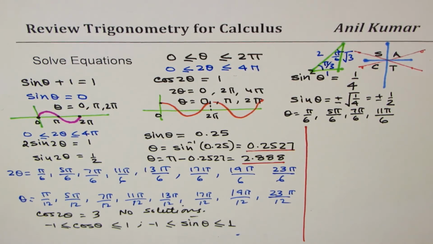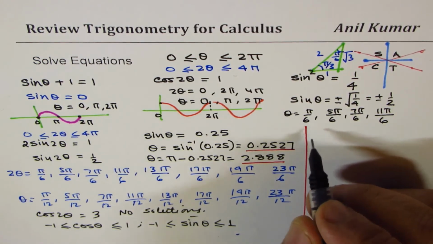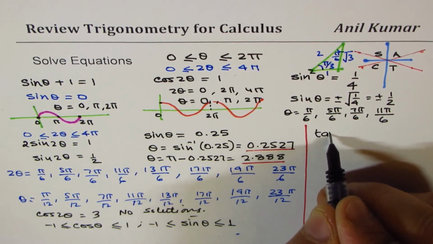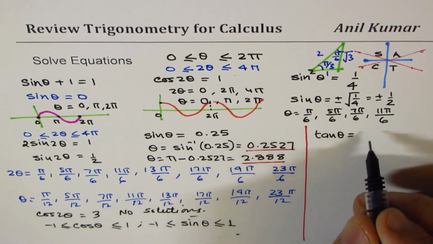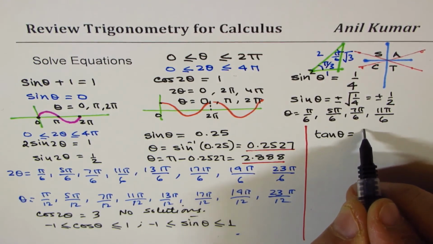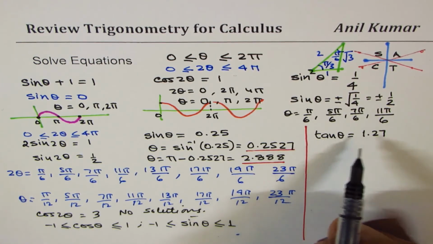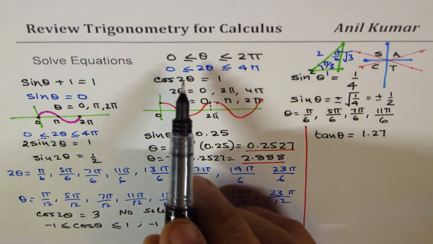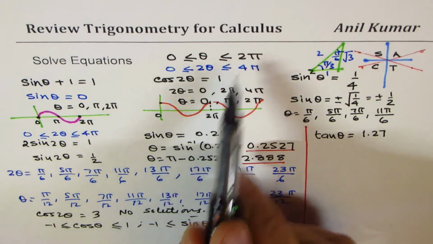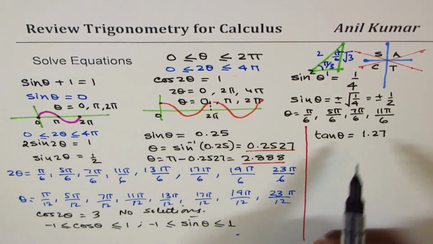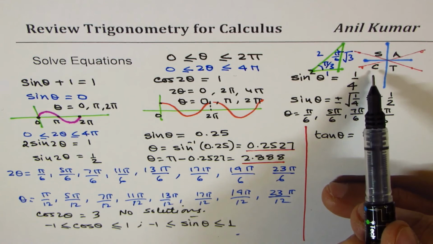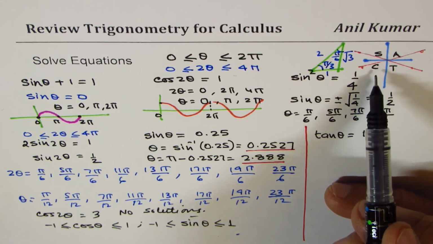So let's take one more example. Let's find out the answer for tan theta equals, let us say, 1.27, right? So I'm taking tan theta as 1.27. I need to find solutions between 0 to 2 pi. So tan is positive in quadrant 1 and in 3. Time period for tan is pi.